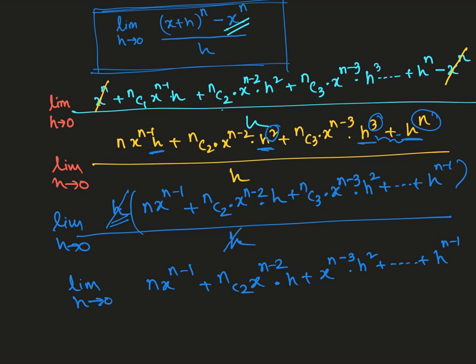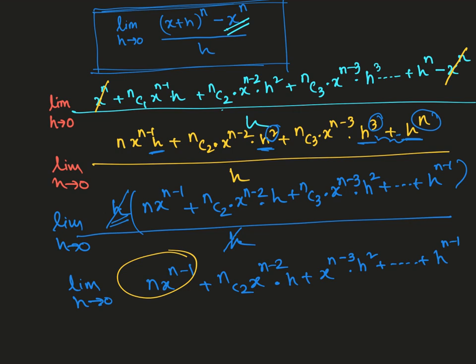Now see, all the terms except for this first term, this term, and all the terms in between till the last term, have one h multiplied with them, right? So as you have just removed the h from the denominator, now you can simply plug in h approximately equal to 0 in the expression, and it wouldn't make any difference because we have removed the restriction that we had.